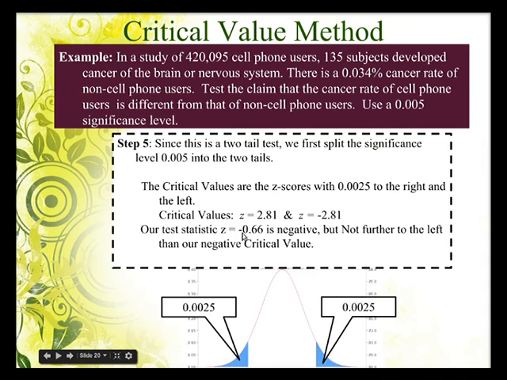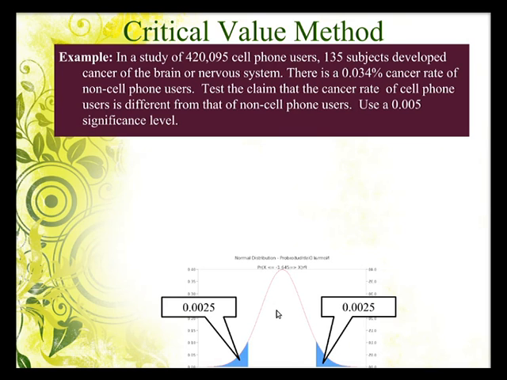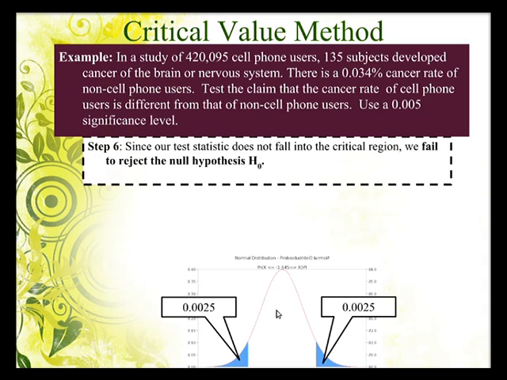Suppose my test statistic was positive, then I'd compare it to the positive critical value, and I would look for if my test statistic is in the critical region to the right, that is further to the right than my critical value. So since our test statistic was not in the critical region, we're going to fail to reject the null hypothesis.